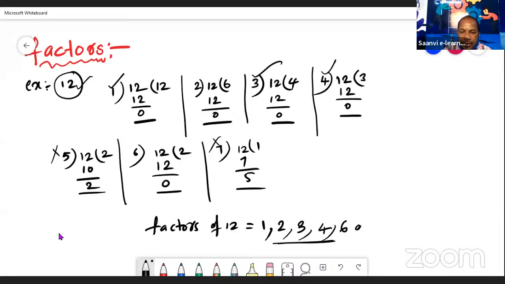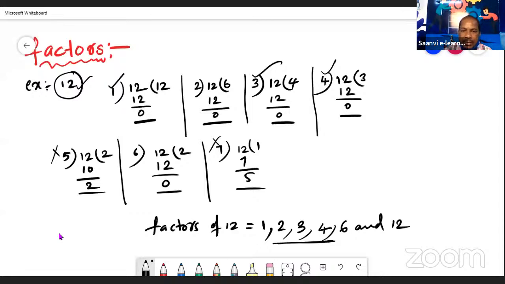And 12 also will divide the number 12. 12 1s are 12. So the number 1 divides 12. 2 also divides the number 12. 3 also divides the number 12. 4 also divides the number 12. 6 also divides the number 12.